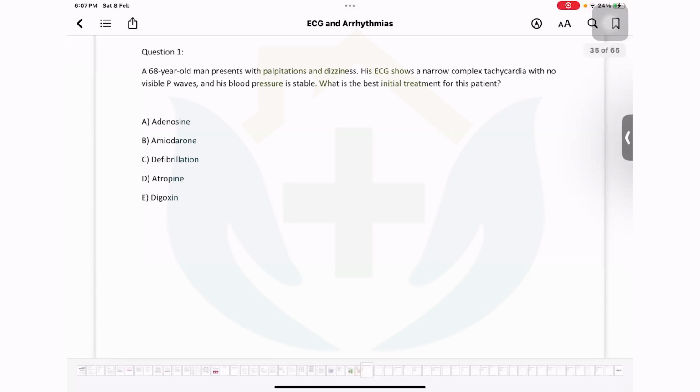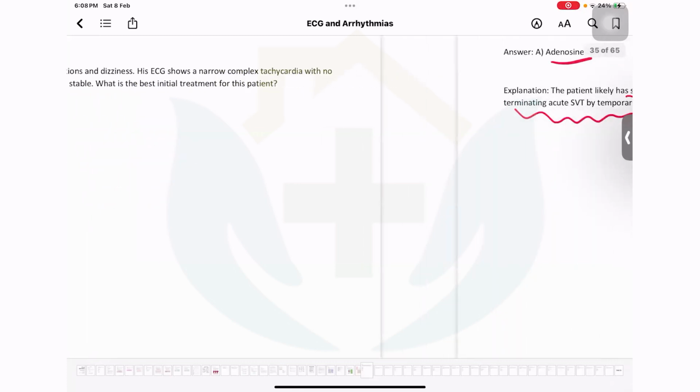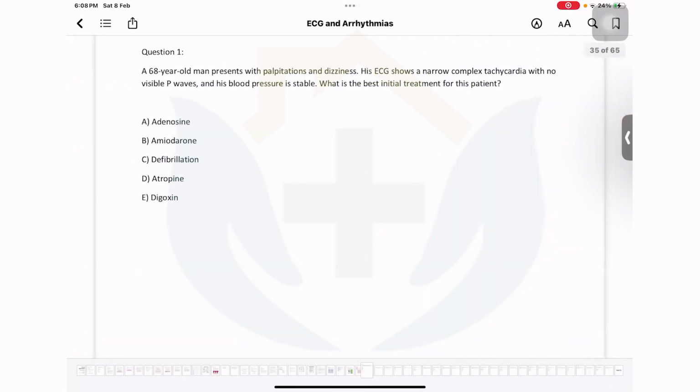I think it is atrial fibrillation. No, an irregular heart rate is not mentioned. We have clearly mentioned that this patient has narrow complex tachycardia with no visible P waves. So that could very well be SVT.